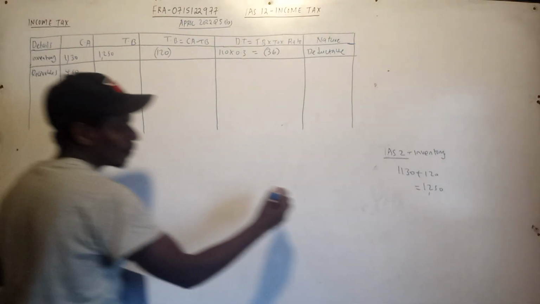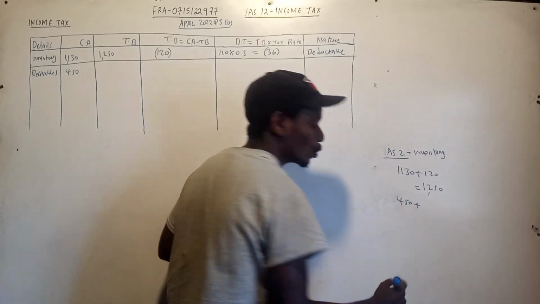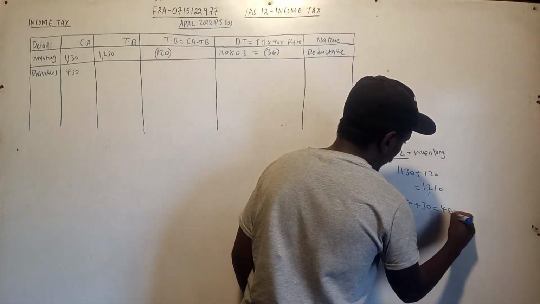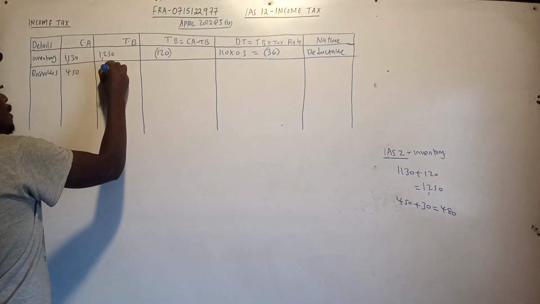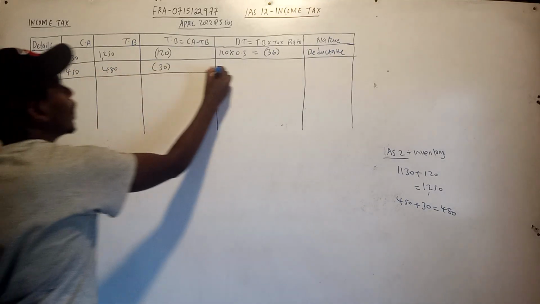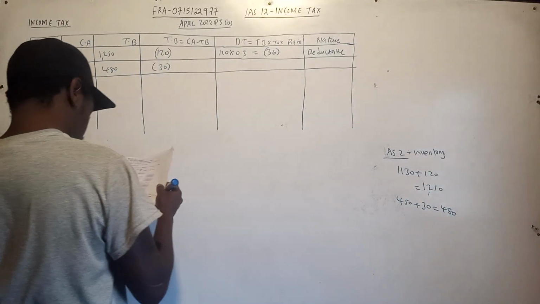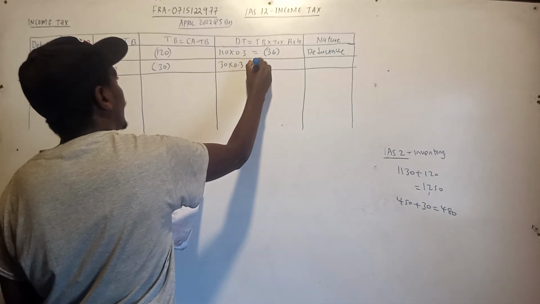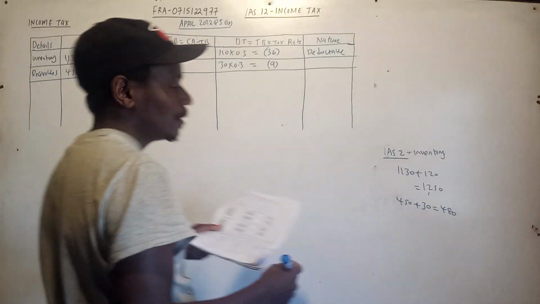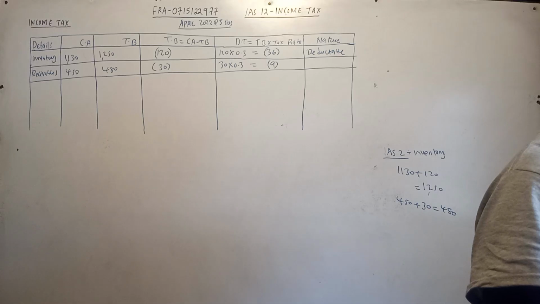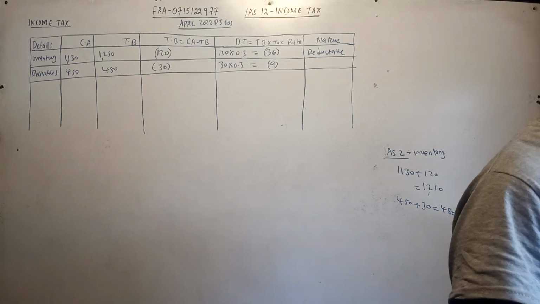Then we add back the provision to get the tax base of 480. The difference is minus 30. So 30 times 0.3 is 9. So that is minus 9.